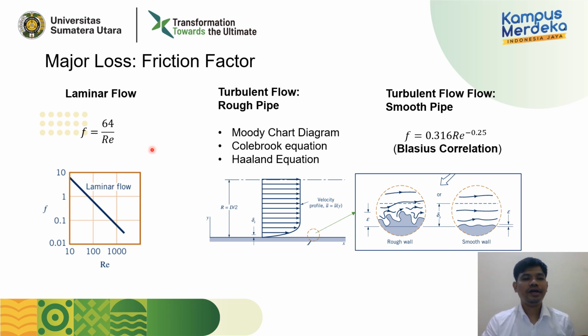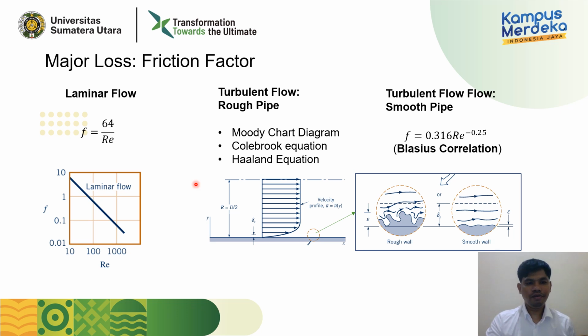And when we talk about the friction factor, the first thing we need to find out is whether the flow is laminar or turbulent, because with laminar flow we don't actually need to know whether the pipe is rough or smooth. But in turbulent flow, we actually need to know the surface of the pipe wall.